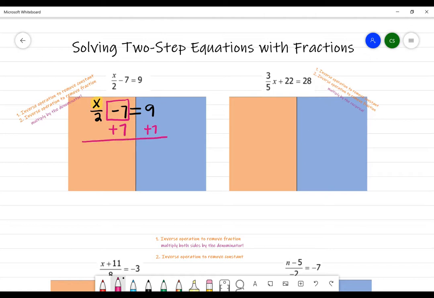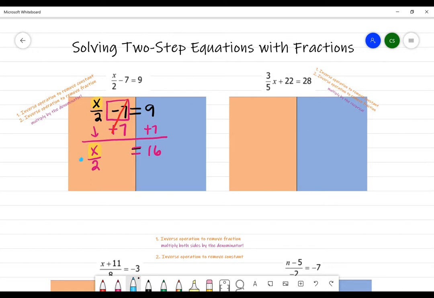I didn't do anything to x over 2, so that just stands. Negative 7 and positive 7 cancel out, and 9 plus 7 is 16. Now, the goal is to still isolate x. Well, it's being divided by 2. So what is the opposite of dividing by 2?